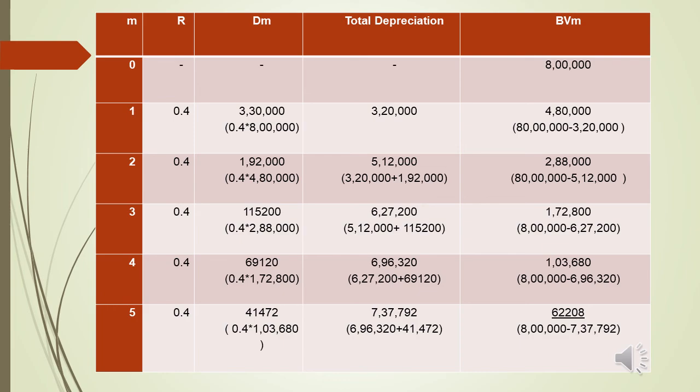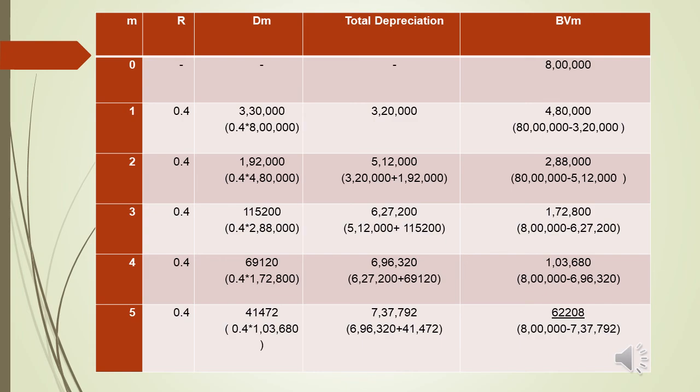That will give me 6,96,320. And BVM is similar. From 8 lakhs, you deduct total depreciation of fourth year, that is 8 lakh minus 6,96,320. That will give me 1,03,680.